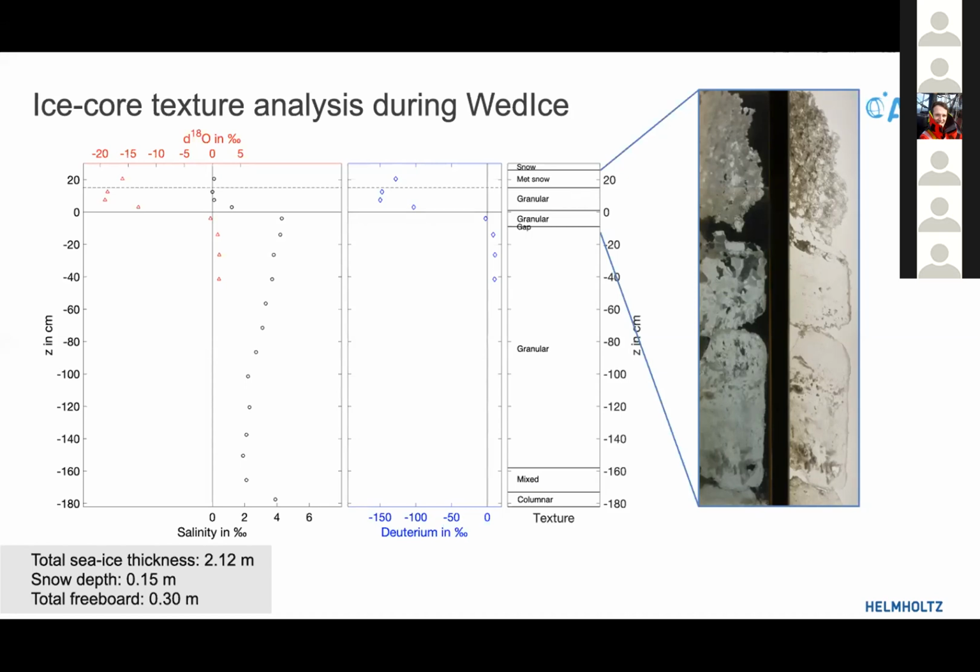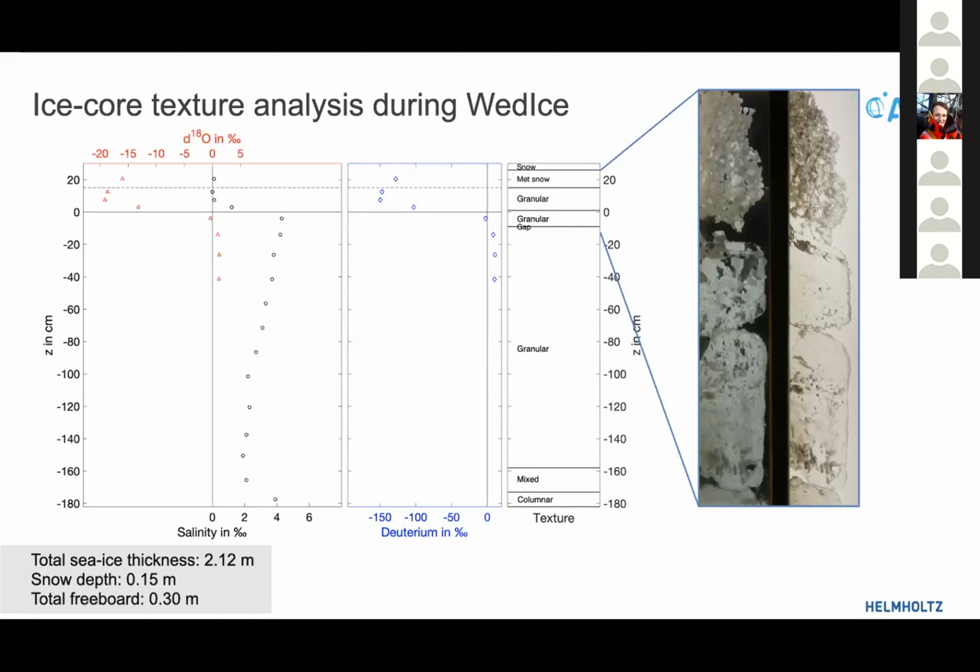We also did sections already on board the ship to get an idea of the texture of the ice cores. This is an example of an ice core with a total length of 2.12 meters, a snow depth of about 15 centimeters, and a total freeboard of about 30 centimeters.